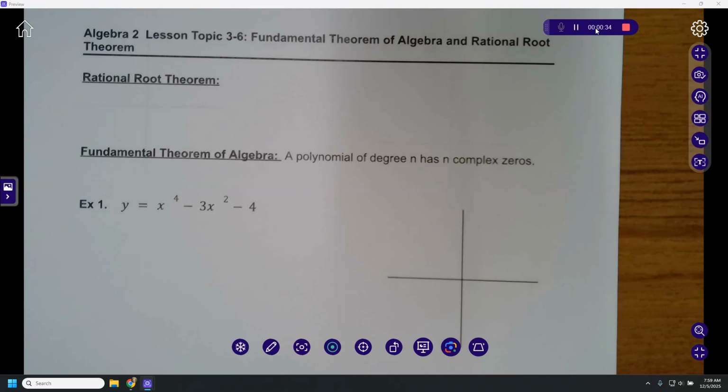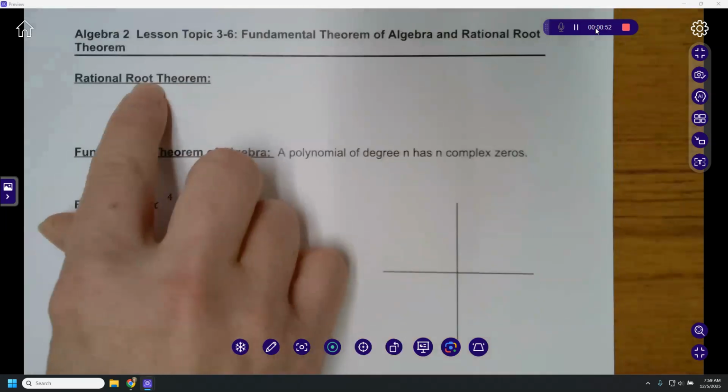But you have to remember way back when Miss Comrie was a kid and we didn't have graphing calculators, there was not a way to look at a graph and tell where the x-intercepts were. So very, very long ago, we had this thing called the rational root theorem.